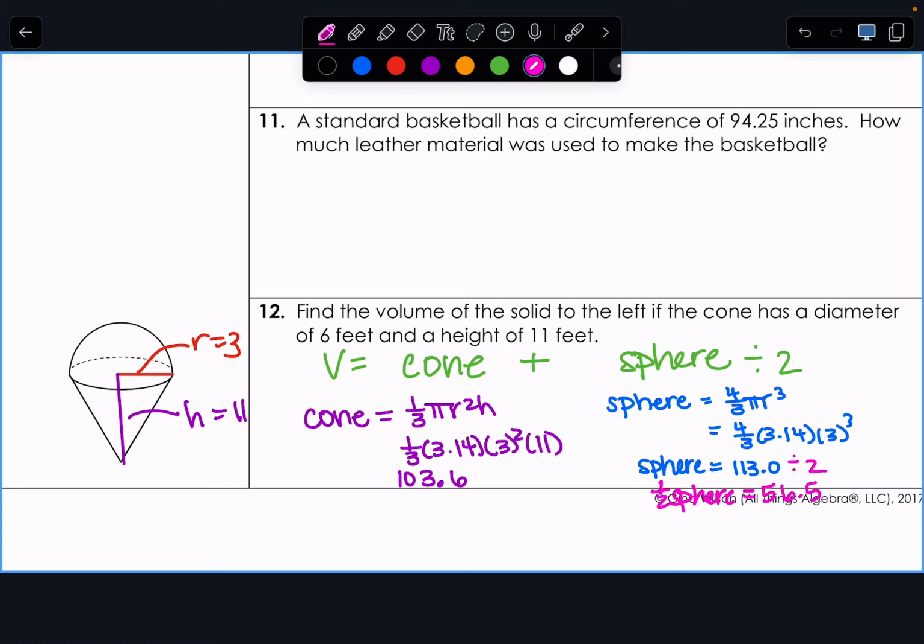Now what do we need to do with 103.6 and 56.5? We're going to have to add them together. The cone plus the half of a sphere add together to be 160.1 cubic feet.